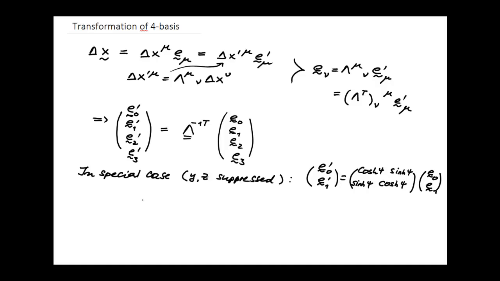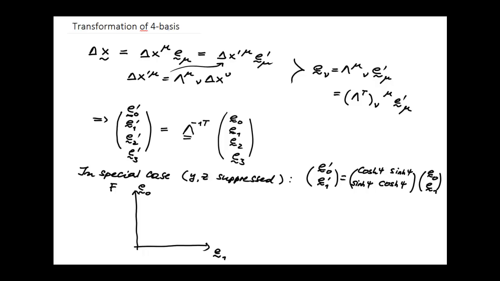So let's try to draw that. Let's say in the unprimed basis, observer F has basis vectors E0 and E1. Now let's say psi is strictly larger than 0. Then the hyperbolic cosine of psi is strictly larger than 1, and the hyperbolic sine of psi is larger than 0.